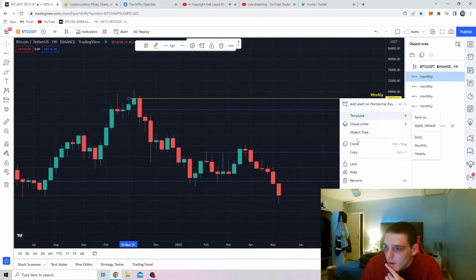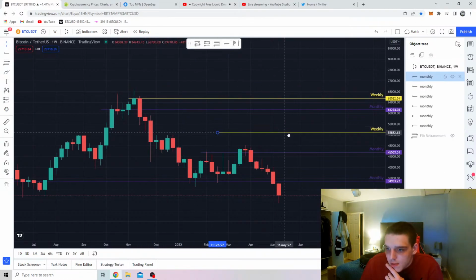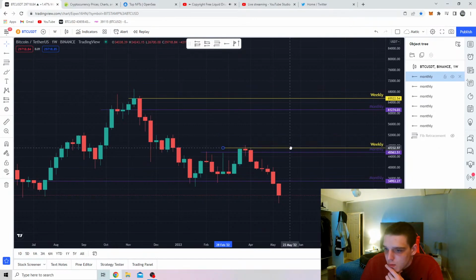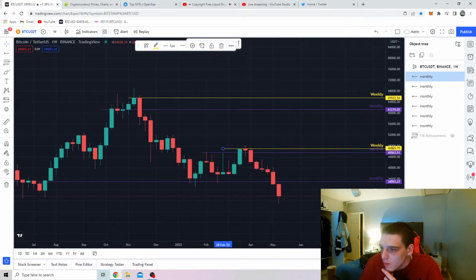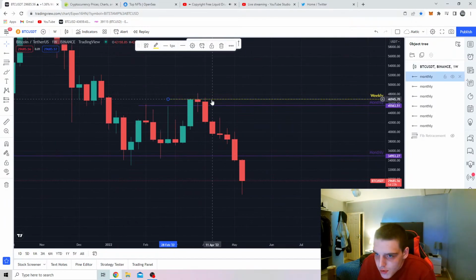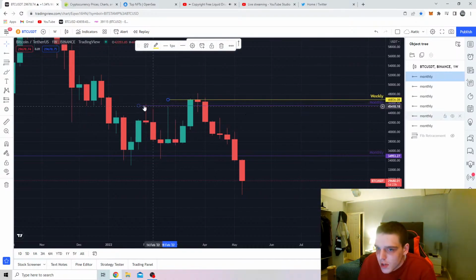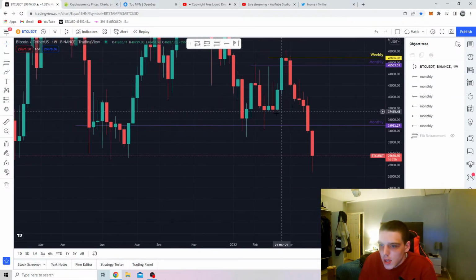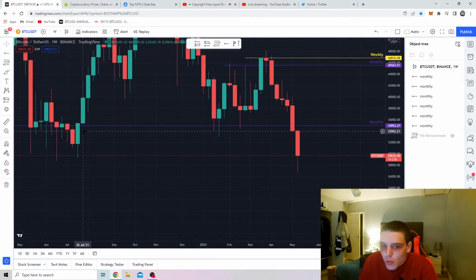Again, you wouldn't really worry about this one for now because it's all the way up near 65,000 and we are a good 100 and something percent away from that. So you wouldn't worry about these levels necessarily, but you want to start to paint a picture of the respect of certain levels, so then you can get a good idea of what to look out for on the way up.